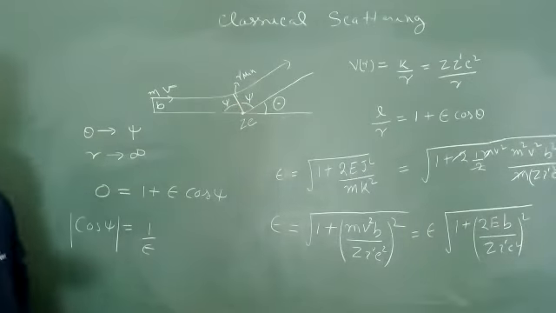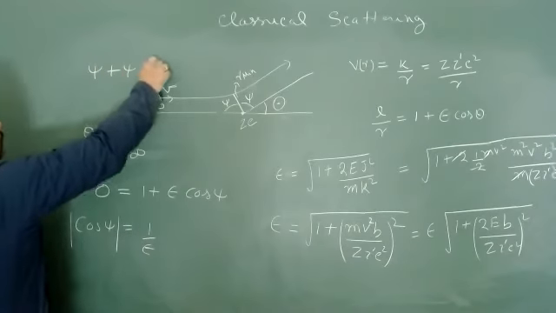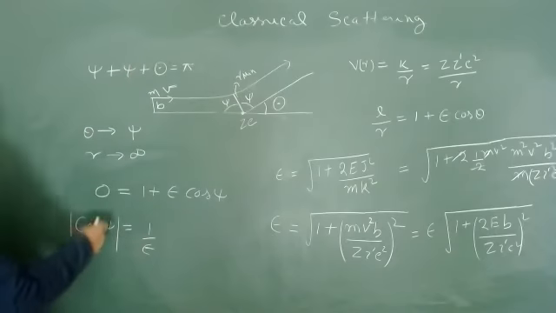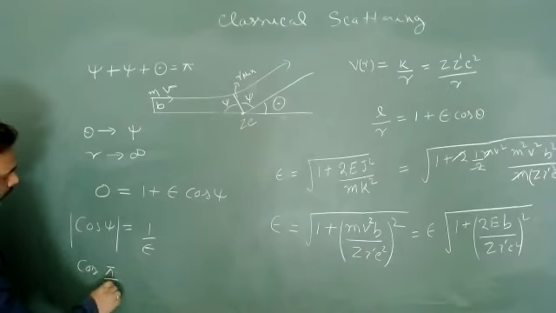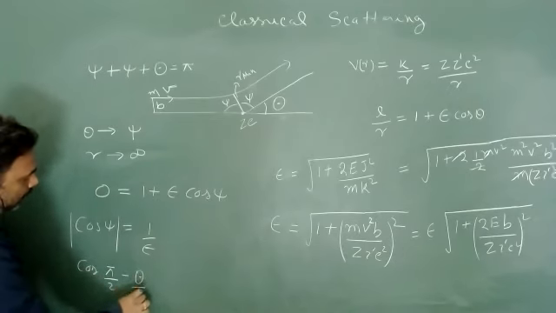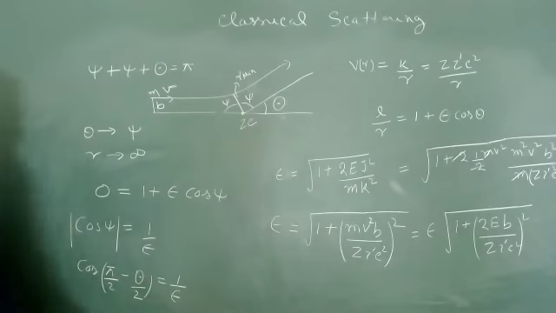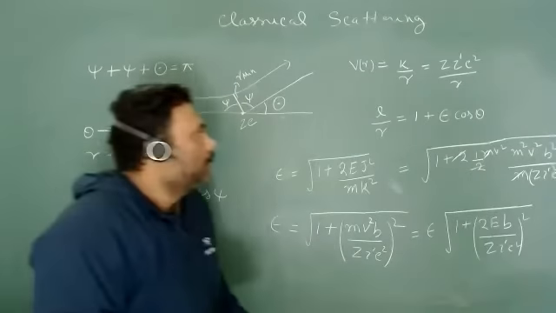Now from this geometry, psi plus theta is equal to pi. And from here we can write psi is equal to pi by 2 minus theta by 2, so cos of (pi by 2 minus theta by 2) is nothing but 1 upon epsilon. So from here we have a relationship; we have done half of the thing.